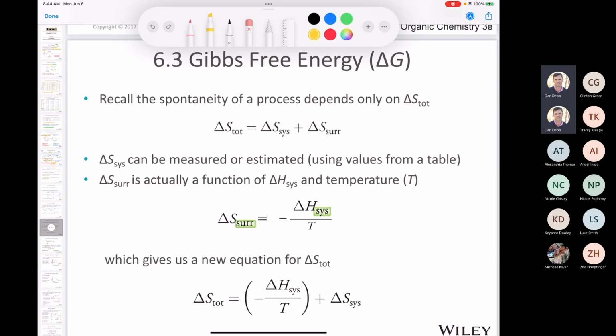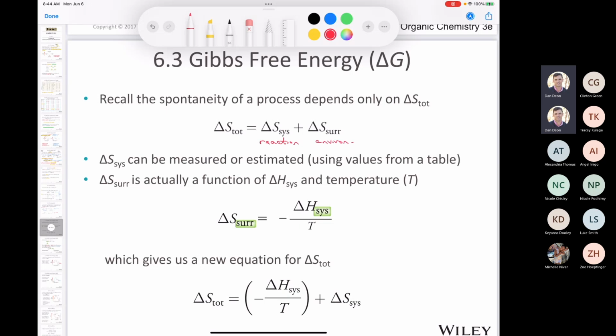So recall, the spontaneity of a process depends on total entropy. What's total entropy? Total entropy is the sum of the entropy of the system, that's the entropy of our reaction, and the change in the entropy of the surroundings. And the surroundings is the environment surrounding the reaction. So we could put here environment.